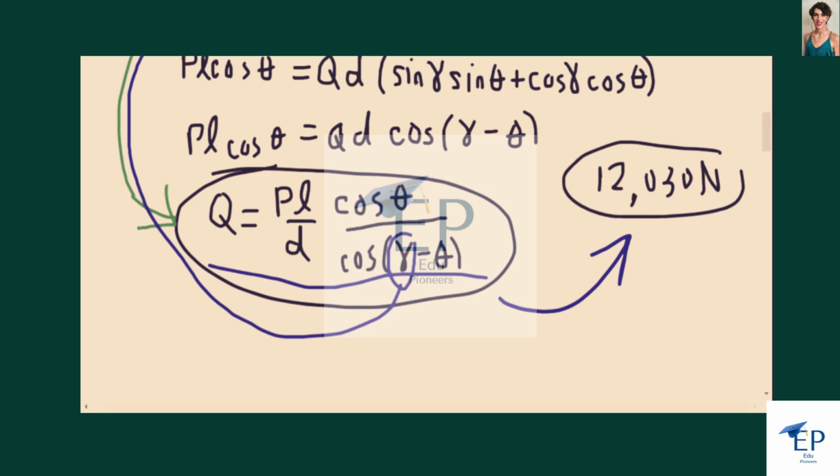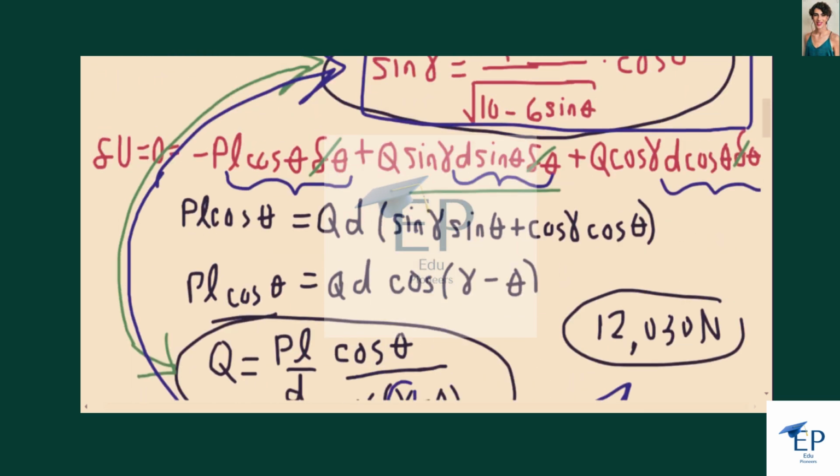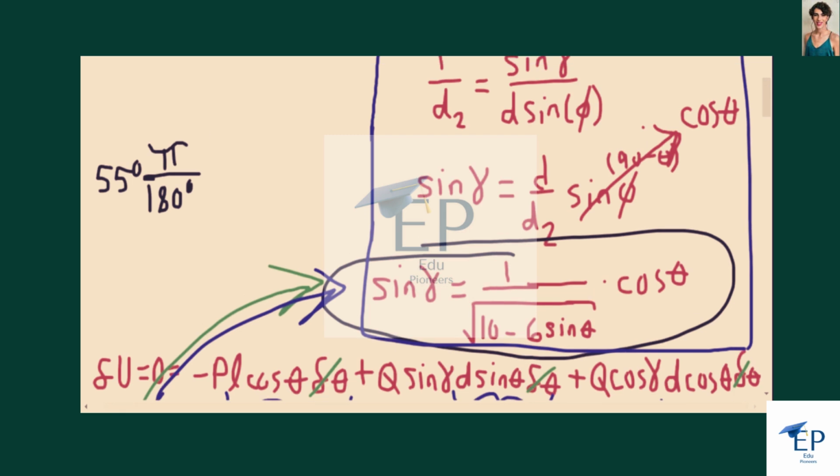Now, it is very important that you set your calculator up for radians. So everywhere that I see theta, I need to put in 55 times pi divided by 180 radians.